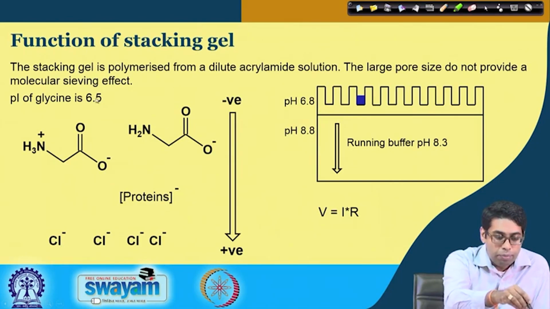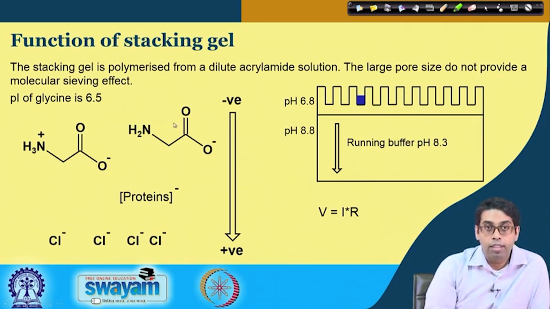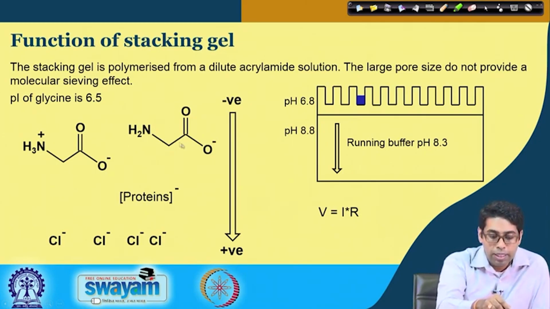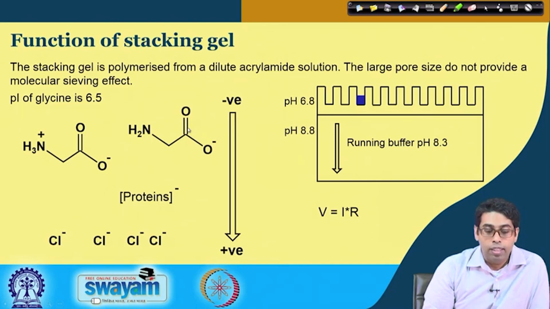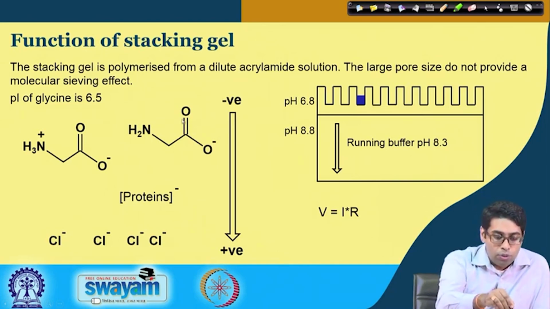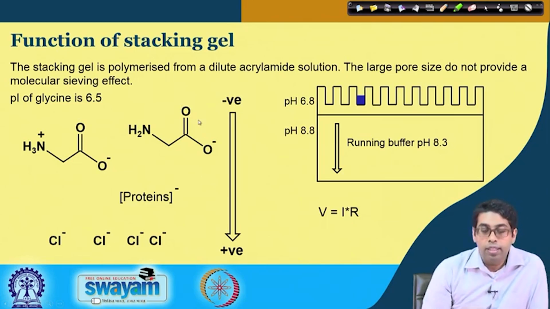Glycine at this pH 6.8, most of it is neutral and a very small amount of glycine is negatively charged. So, its electrophoretic mobility is actually quite less, and also the dearth of ions in this region results in an effective increase in the resistance, because we have fewer ions which can carry the current.